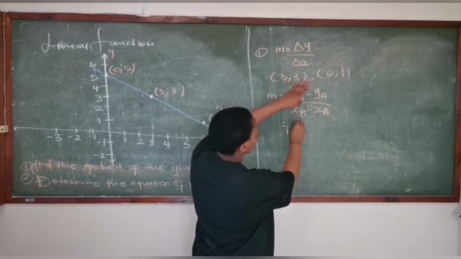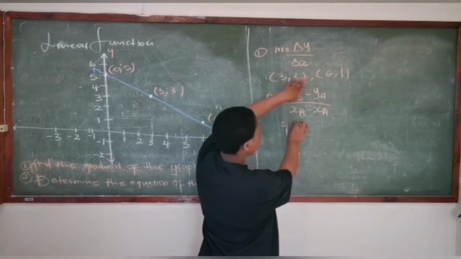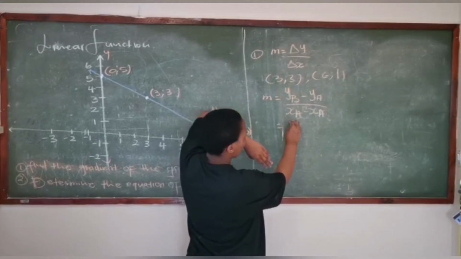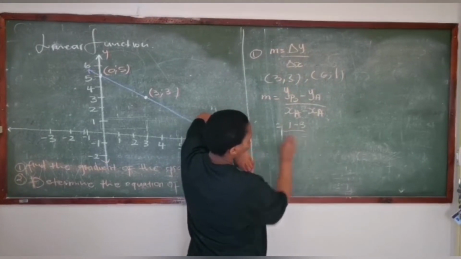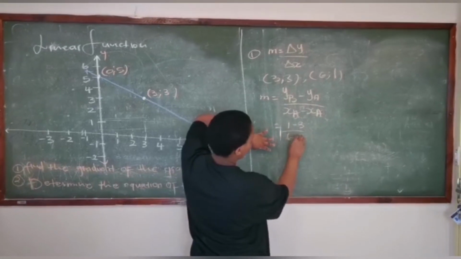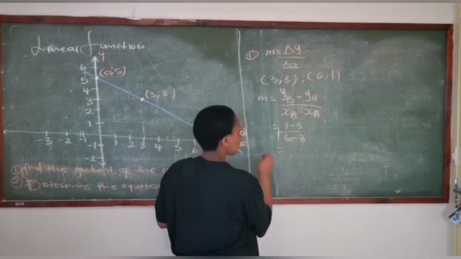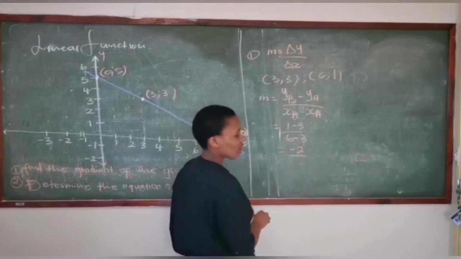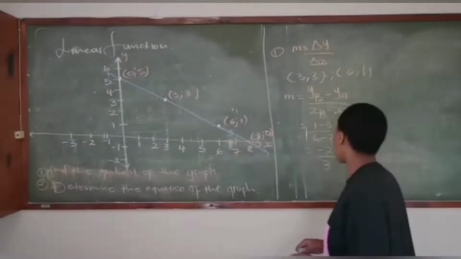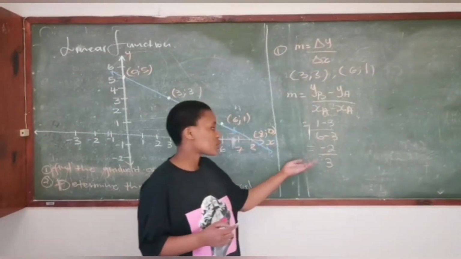It's going to be this y value minus this y value, so it's going to be 1 minus 3 divided by 6 minus 3. So it's going to be minus 2 over 3. Okay, so our gradient is negative 2 over 3.